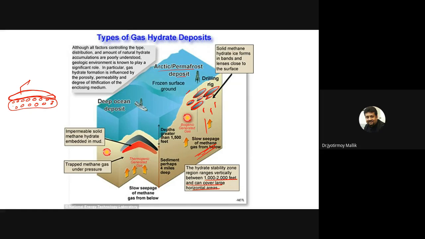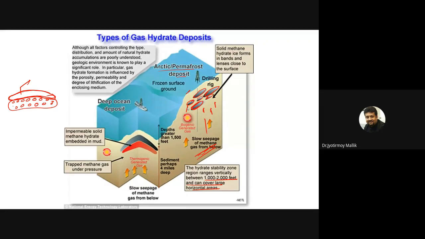It is not getting trapped in a reservoir, rather it is getting trapped within the ice. But also biogenic gases, at least in these shallower intervals, play a significant role in enriching the clathrate deposits.